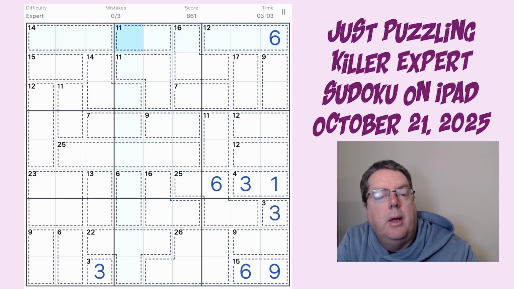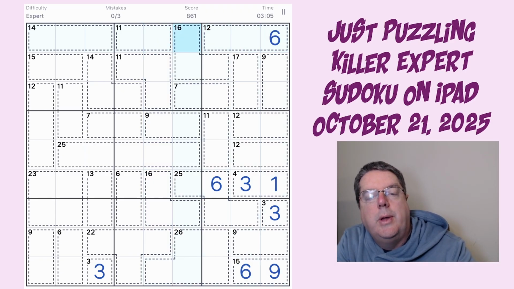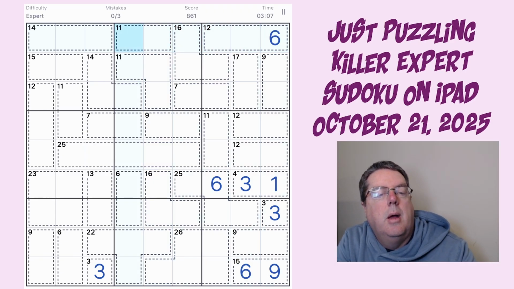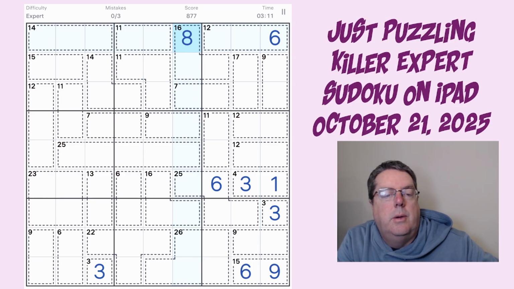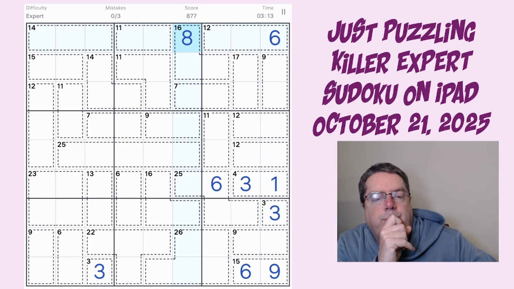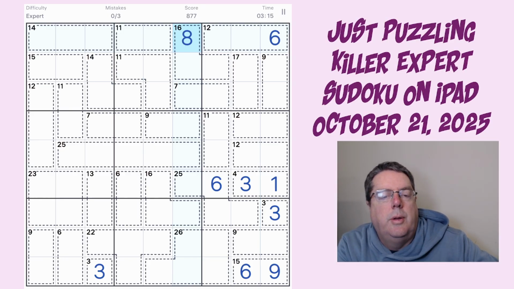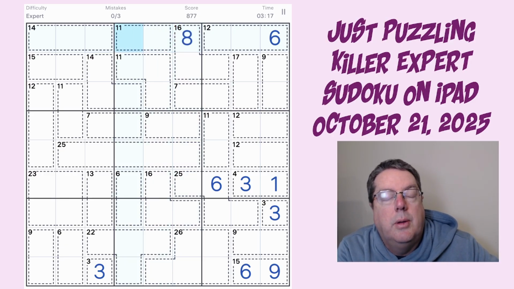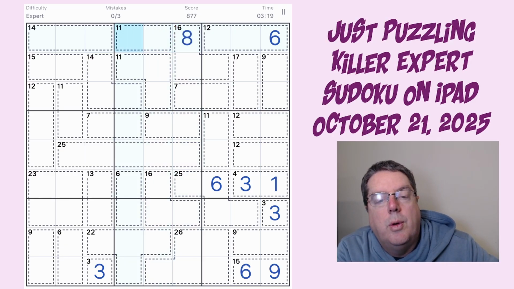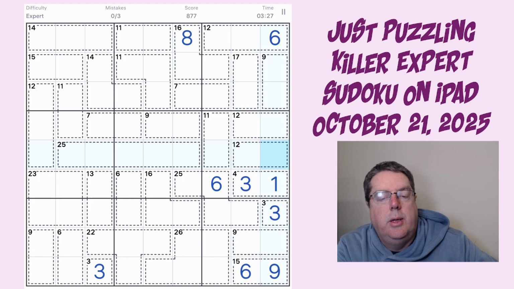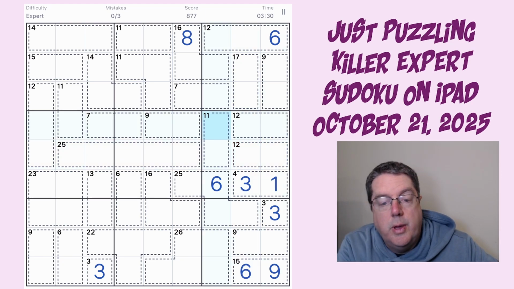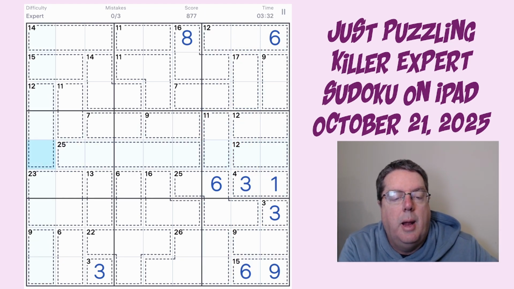Actually, there is a row of 45 because there's one cell here. 12 plus 11 is 23, plus 14 is 37. That equals 8. Alright. So this can be 4 and 7 or 9 and 2. 25 plus 12 is 37, so these two are going to add up to 8.